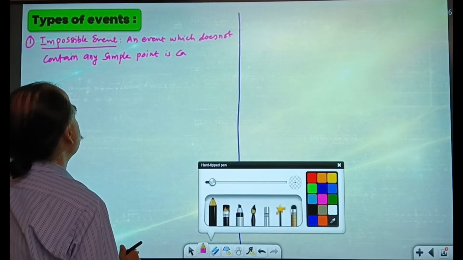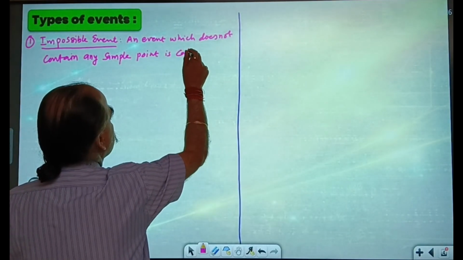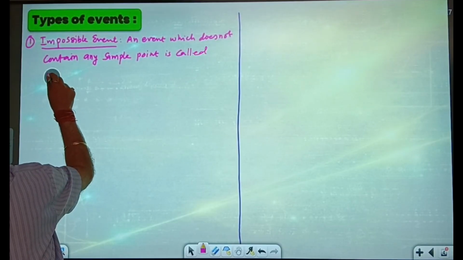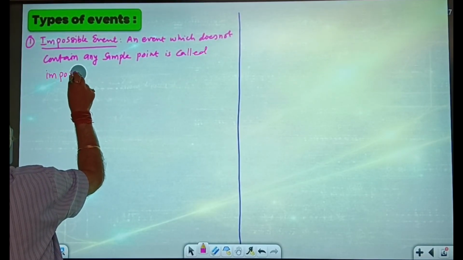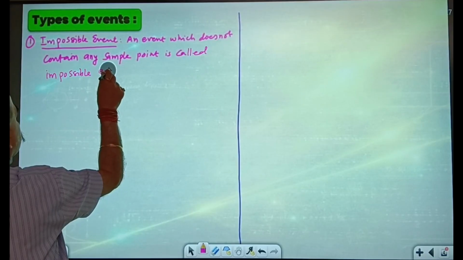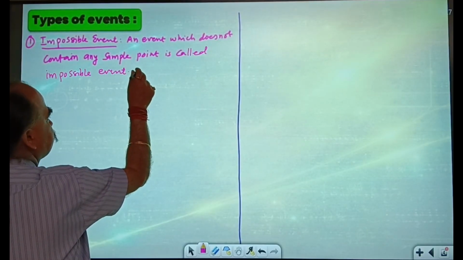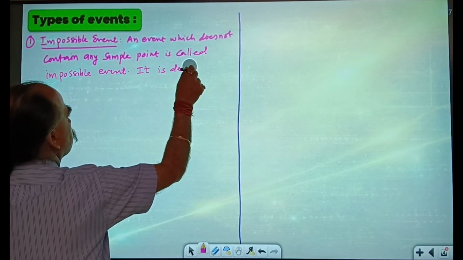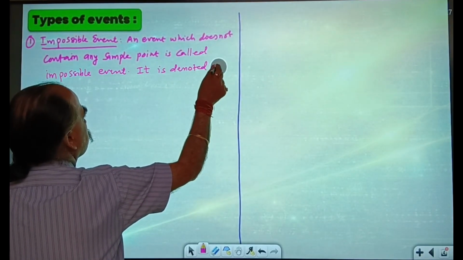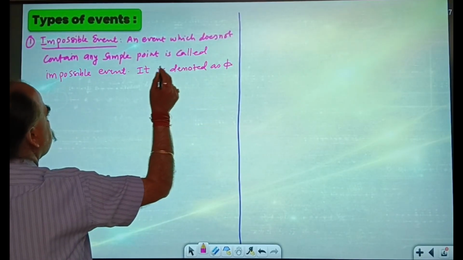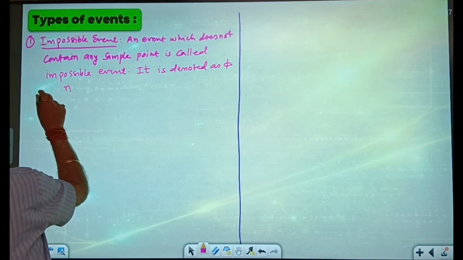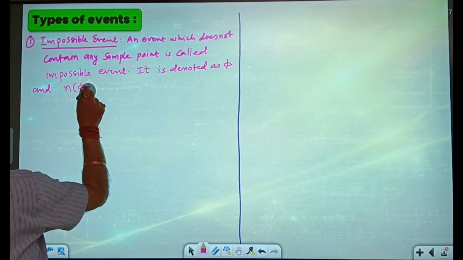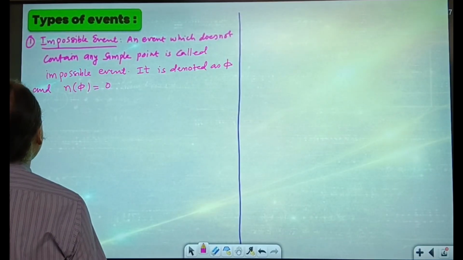An event which does not contain any sample point is called an impossible event. It is denoted as phi, and n(phi), the number of elements in an impossible event, is 0.